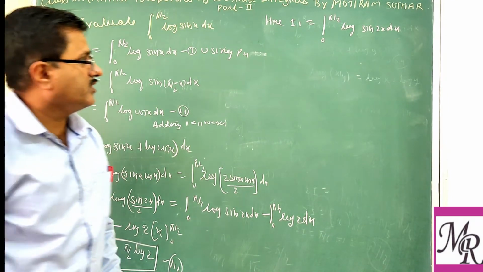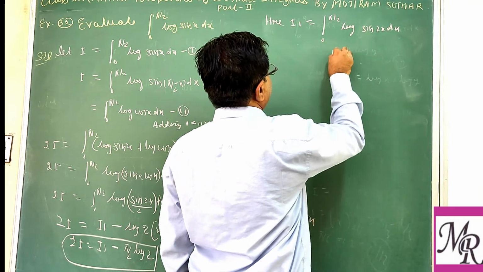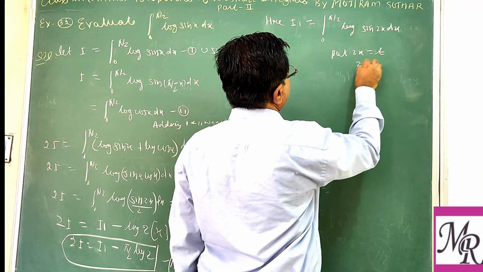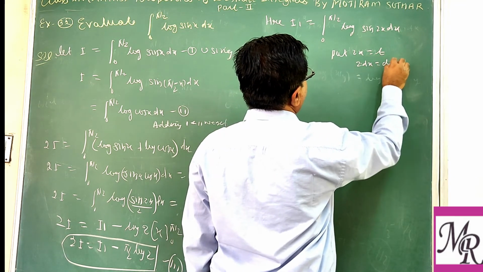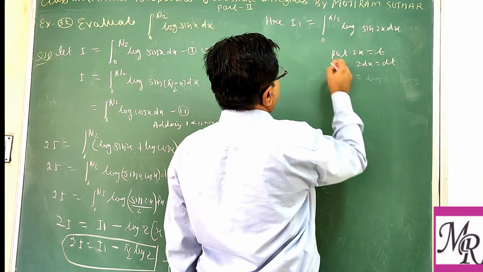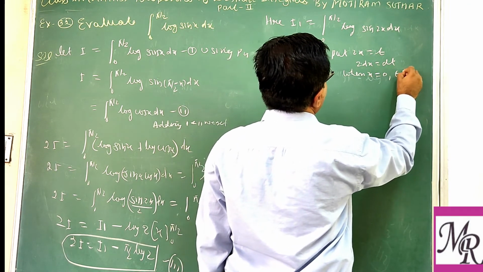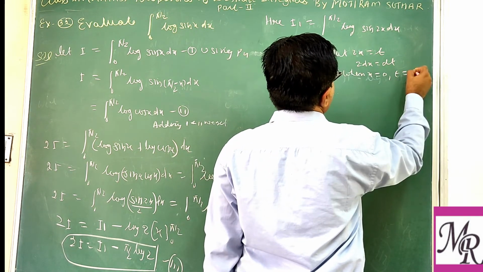Now in this way we can substitute. So put 2x as t. So 2 dx equal to dt. We change the limits also. When x equal to 0, t equal to 0.